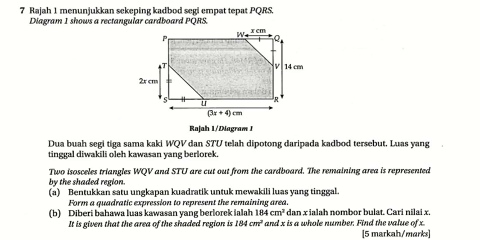All right. Two isosceles triangles cut. That means this is cut, and this is cut away. Form a quadratic expression for the remaining area. I'll put it here.